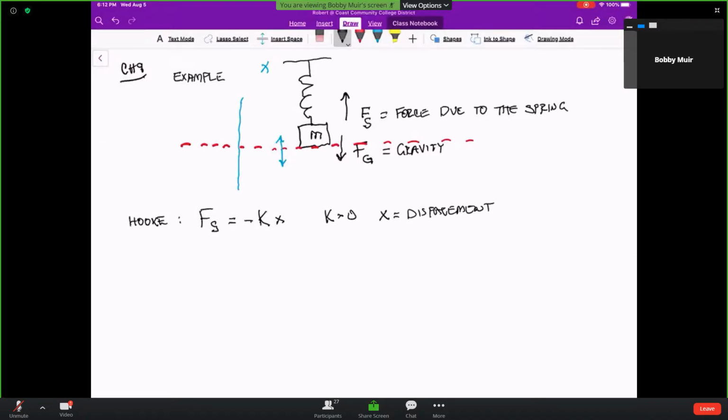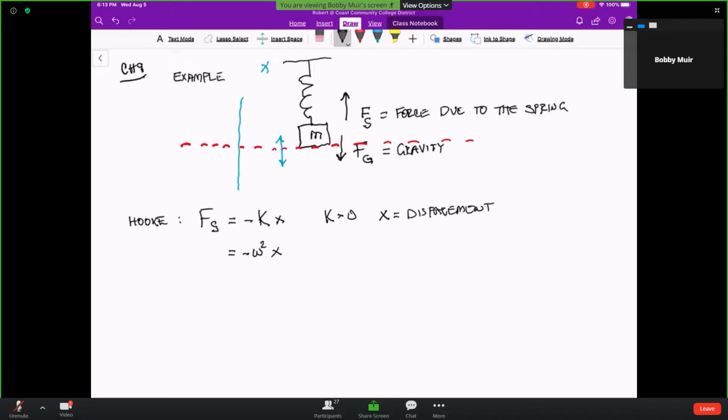Sometimes if we want to designate something to be positive, you're going to see this a lot, omega squared x. There's no doubt that omega squared is a positive number. Okay, but we'll just stick with the K.